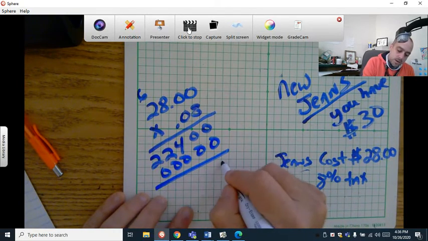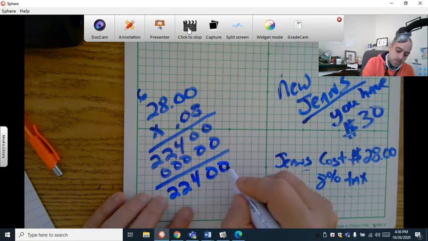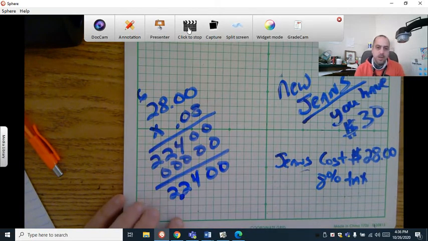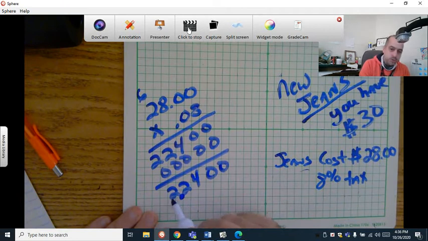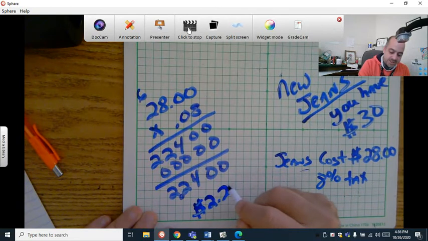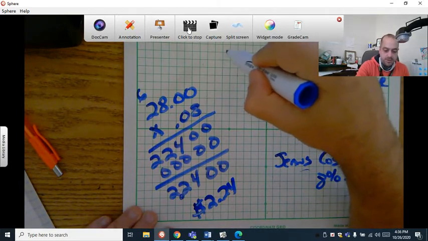Add it all up. Okay. Check it out. It's $2.24. The tax is $2.24. That's bad news because if we take our $28, let's do it up here.